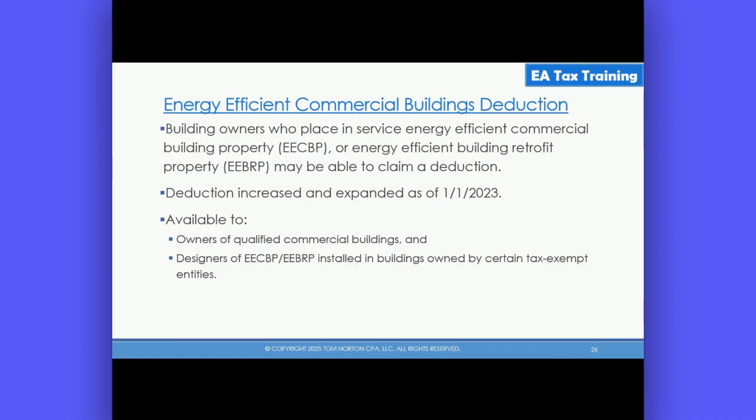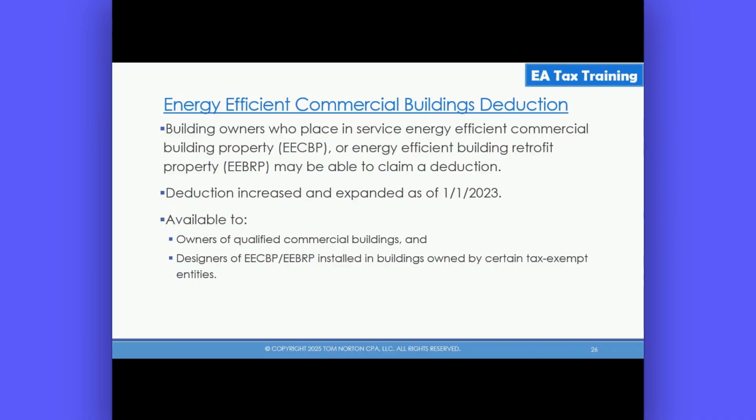It is available to owners of qualified commercial buildings and designers of this type of property that's installed in buildings that are owned by certain tax-exempt entities. So you do not need to know the specifics of what qualifies as EECBP or EEBRP. You just want to know about the deduction and who it's available to.